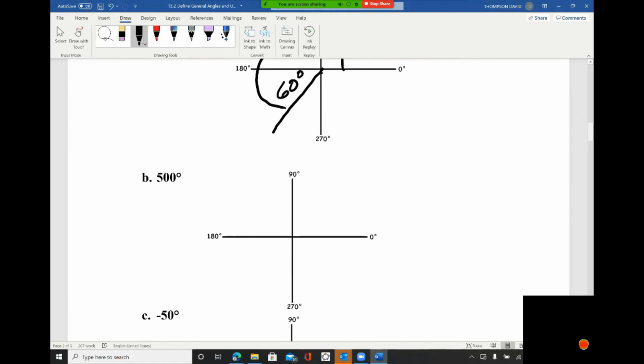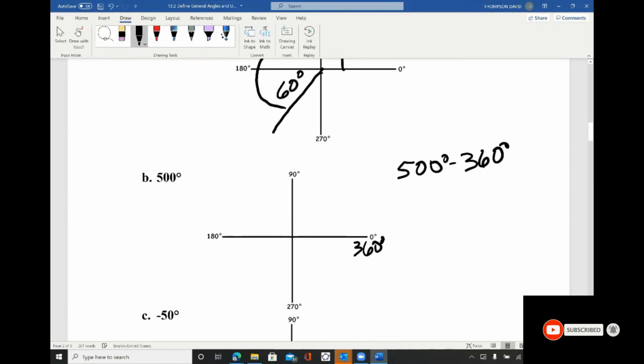Okay, we asked for a 500-degree angle. If we make one rotation around, that's 360. So what we need to do is do 500 minus 360, and 500 minus 360 should be 140.